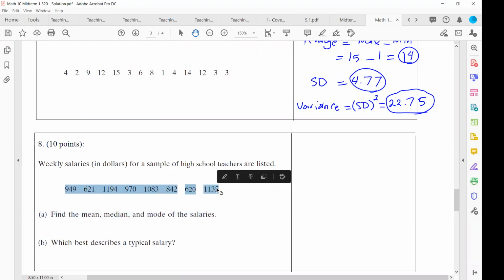Let us calculate the mean. Let us enter the data here.